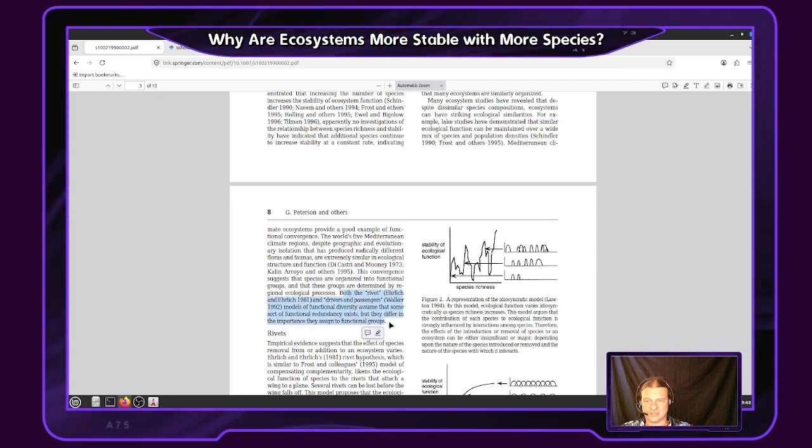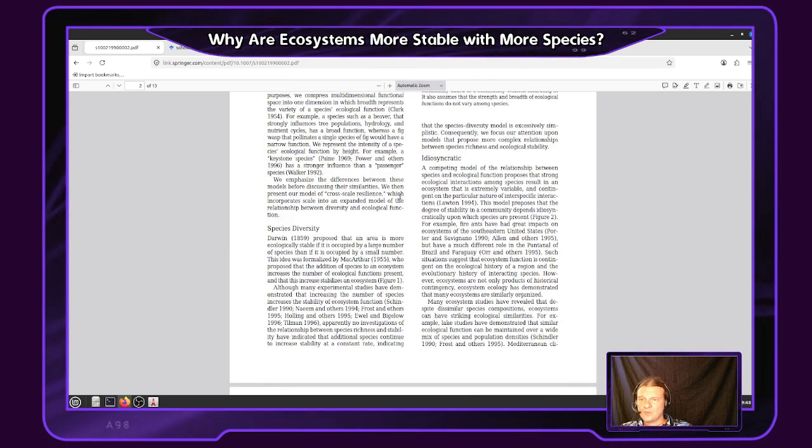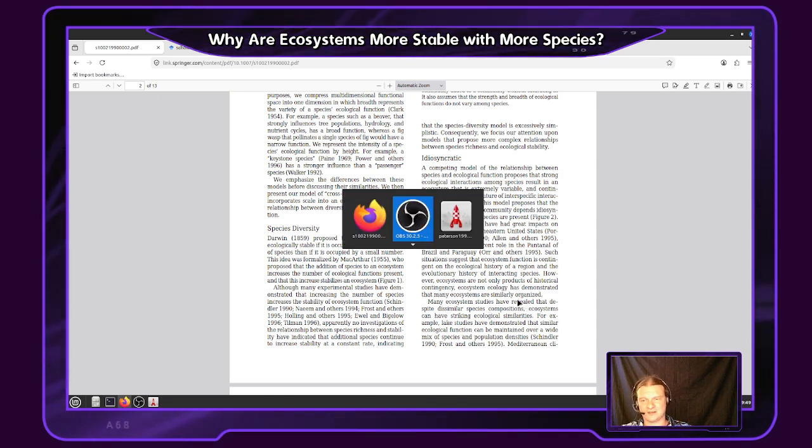So that leads us to the rivet and passengers and drivers models. So we can say that the idiosyncratic model cannot be complete because there's a lot of similarity between similar types of ecosystems, regardless of the species that make up those ecosystems. So a lake in one part of the world might have an ecosystem very similar to a lake in a different part of the world, even though the actual species that are there are different.